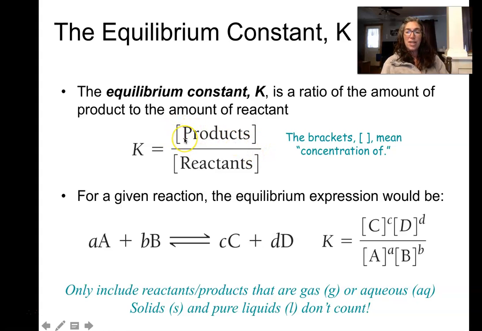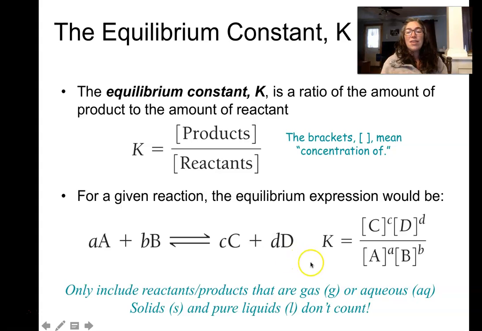Brackets in chemistry mean concentration of. So for any given reaction, let's say we have aA plus bB reacts to form cC plus dD, where the lowercase letters represent any coefficient in front of that chemical.